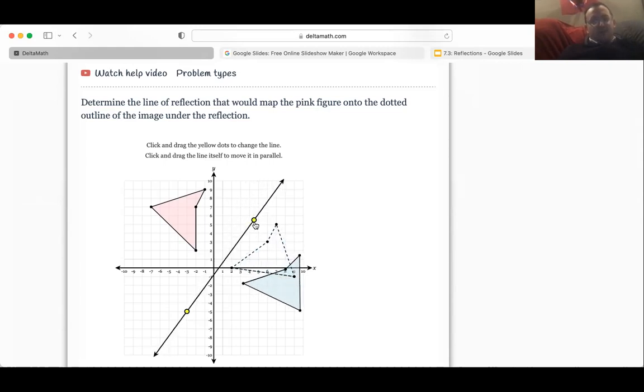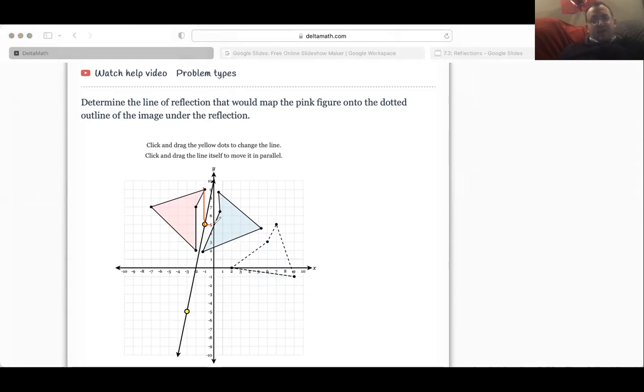One thing that you might find helpful is to think about the halfway point between this point and this point, and try to get it exactly halfway. So if I'm going from here down to there, I go down 4, and I went over to the right by 8.